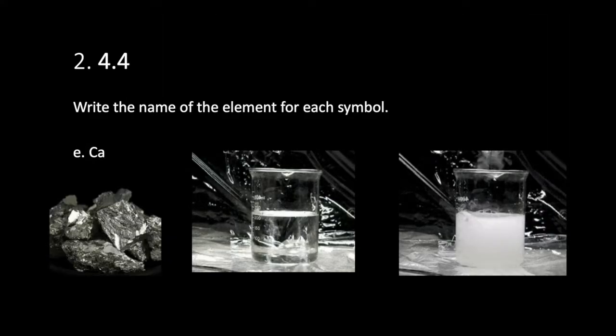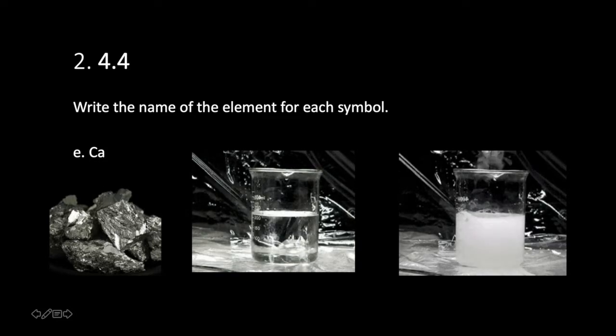Ca is calcium. Calcium also reacts when it's in water, not as violently as sodium, though. As you can see here, it's reacting with the water and producing these bubbles. I think sometimes people will associate calcium with milk or bones, and it's definitely used in that. But what some people don't realize is that it is truly a metal by itself.